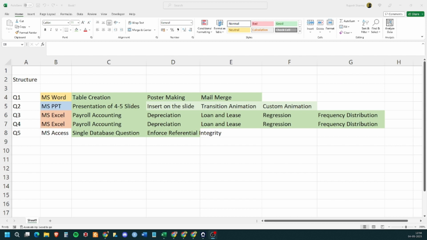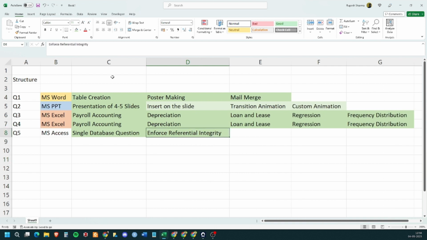Now we have a couple of things to do in MS Access. तो MS Access में एक हमने बात कर ली enforcing referential integrity. Enforcing referential integrity means that we create relationships between the two tables. अब इसके ऊपर क्वेश्चन कराया था मैंने क्लास में.